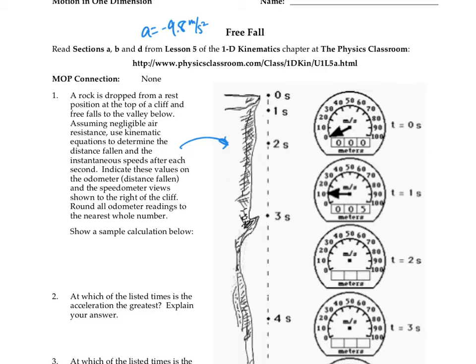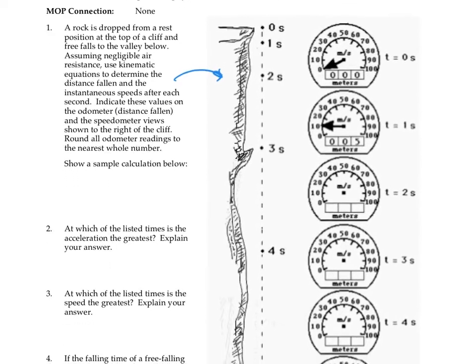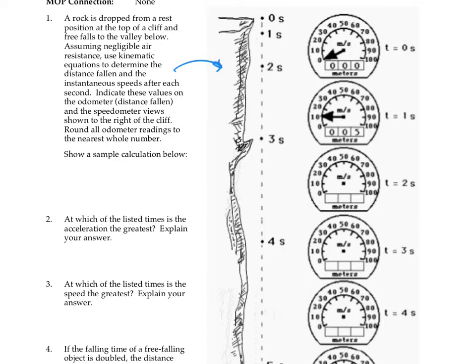So it says show a sample calculation below. The first second's already been done for us. It looks like this paper is rounding, after 1 second, if my acceleration is negative 9.8, which can be rounded to 10 meters per second squared, that means every second we are going to add negative 10 to our velocity.